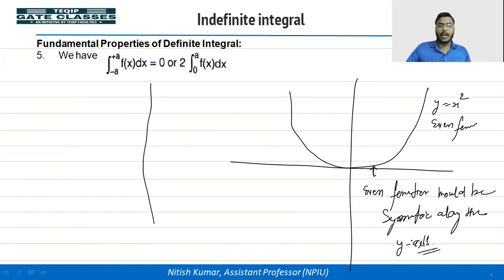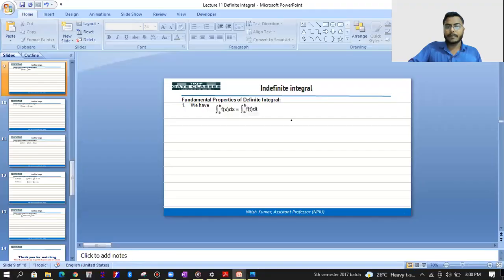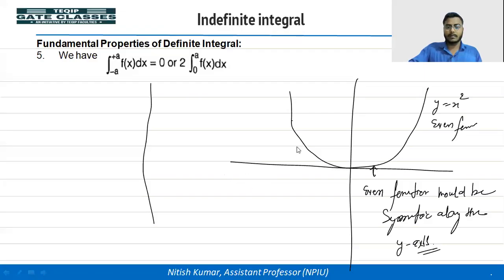If you fold it along the y-axis, it will overlap. So an even function is symmetric about the y-axis.